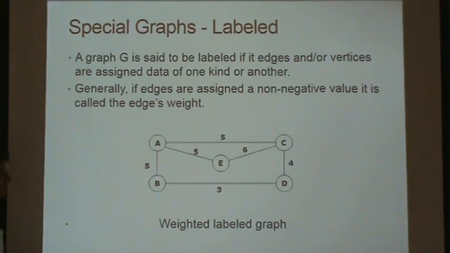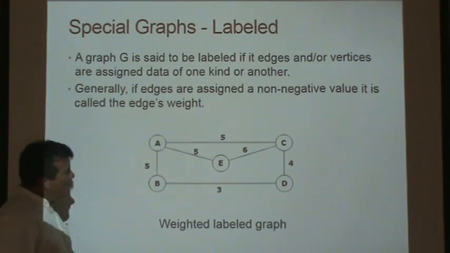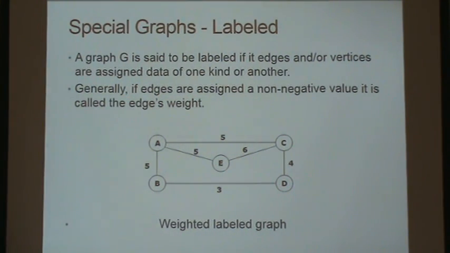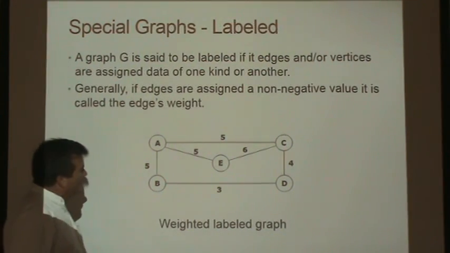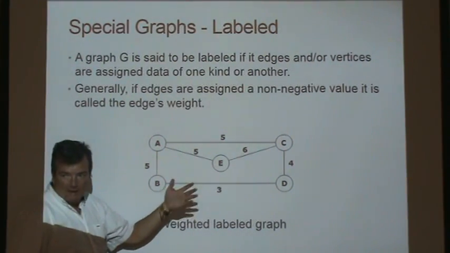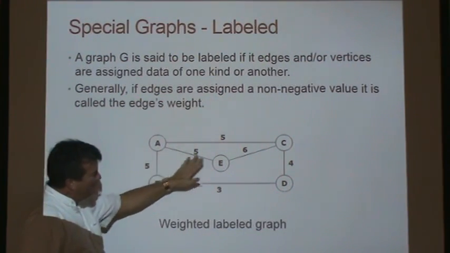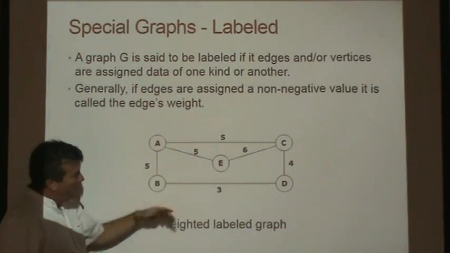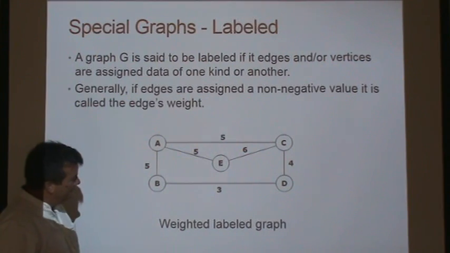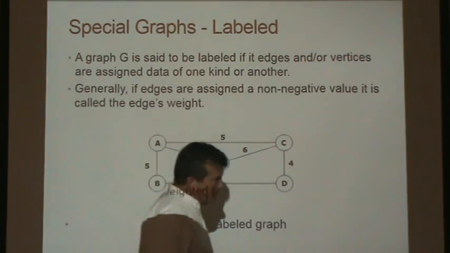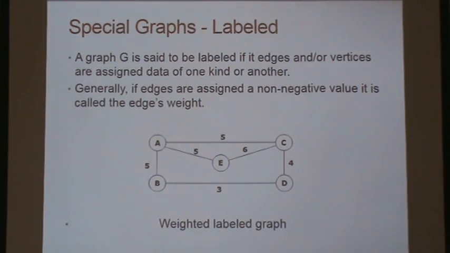If you label the edges with values that are non-negative, zero or positive numbers, then we would generally call those labels weights. It would be some kind of cost if you were to take that edge. So here's an example of a labeled graph. The vertices are labeled with letters, and the edges are labeled with numbers.